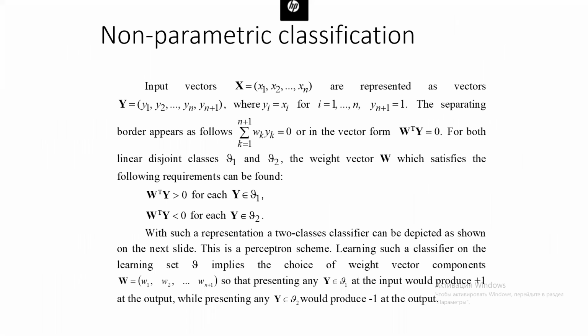It's the most popular non-parametric method, and the perceptron is an artificial neuron, also used in neural network theory. So we have some input vectors X, represented as a vector with some features from 1 to n.